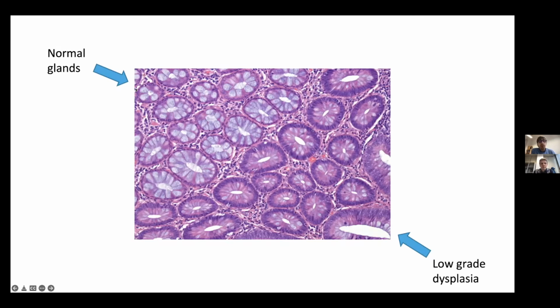This is an example of the challenge. This is the challenge for the pathologist, so it will be the challenge for the tool we are going to develop. Here on the top left, you see some normal glands in the colon. Here on the bottom right, in this half of tissue, you see a low-grade dysplasia. What does it change?